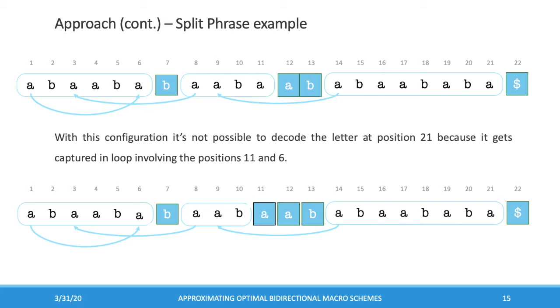But if the split operation generates a right subphrase, we need to change the pointer, but it's a simple operation. The right pointer is equal to the original pointer plus the length of the left subphrase. So you just need to move the pointer. You don't need to search for a new pointer for this subphrase. And this operation, the split operation, is much simpler than the merge operation.